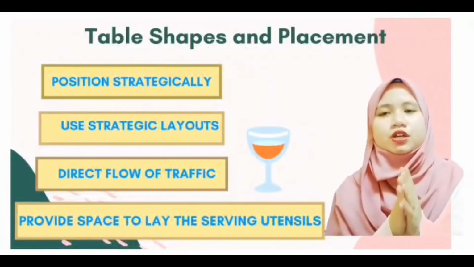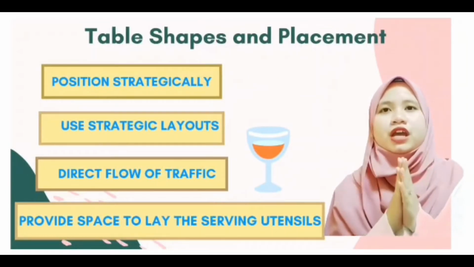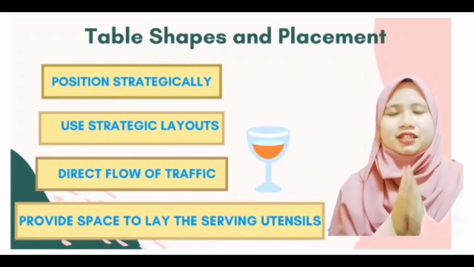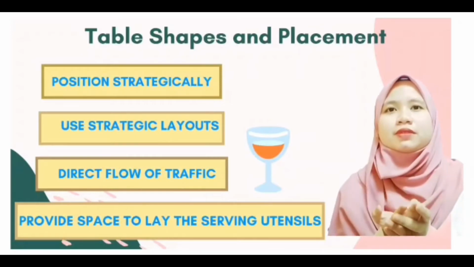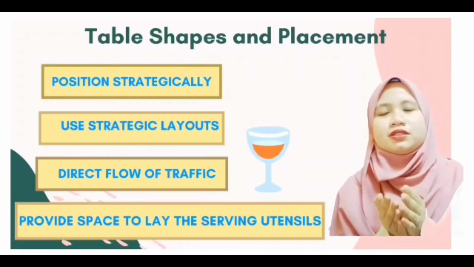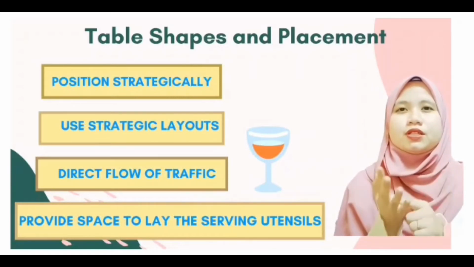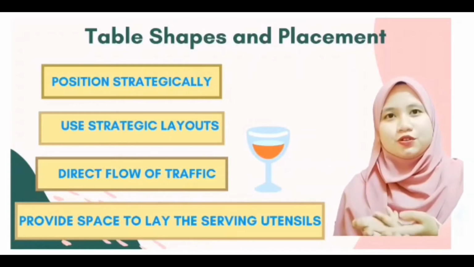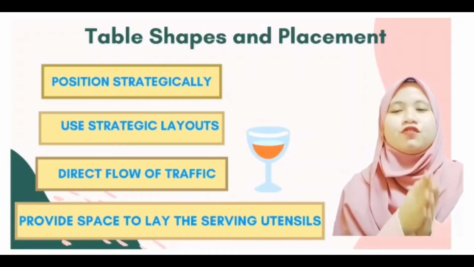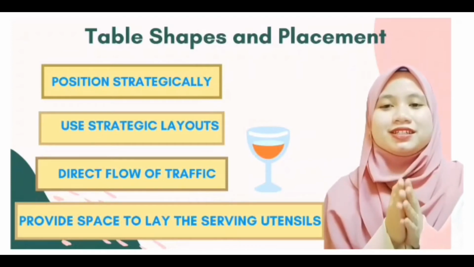Okay, when we talk about table shape and placement, first we should position strategically. Place the items that you have a smaller quantity of at the end of the table near the utensils. Guests tend to fill their plates with the earlier dishes, so with strategic placement, your food will last longer. The second one, use strategic layouts.